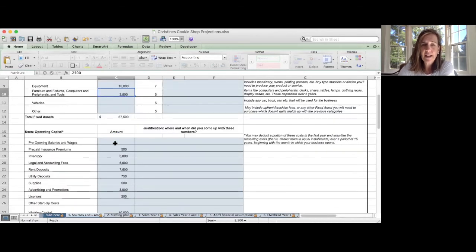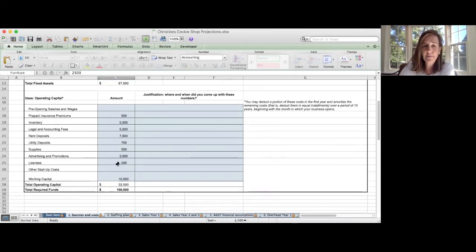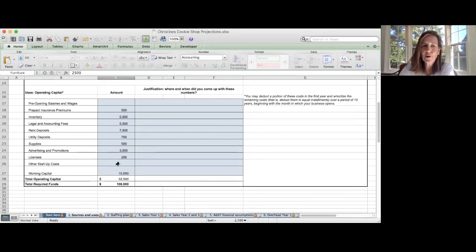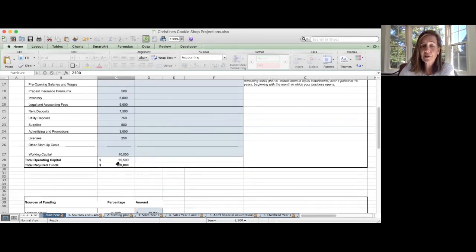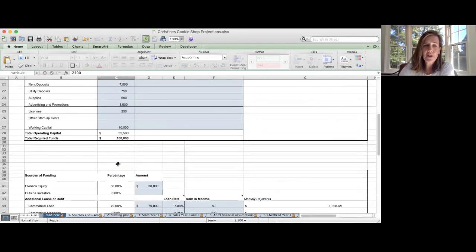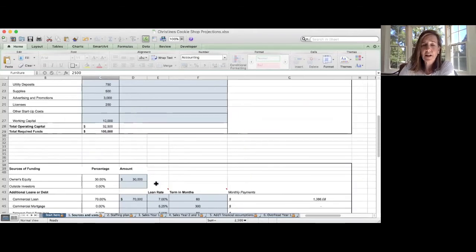Moving down to operating capital, I've had to prepay for certain things like rent, legal and accounting, some inventory, supplies, and some working capital. So my total required funds is $100,000, which I am going to provide by a $30,000 investment on behalf of my business and a $70,000 commercial loan. So my sources and uses will balance.